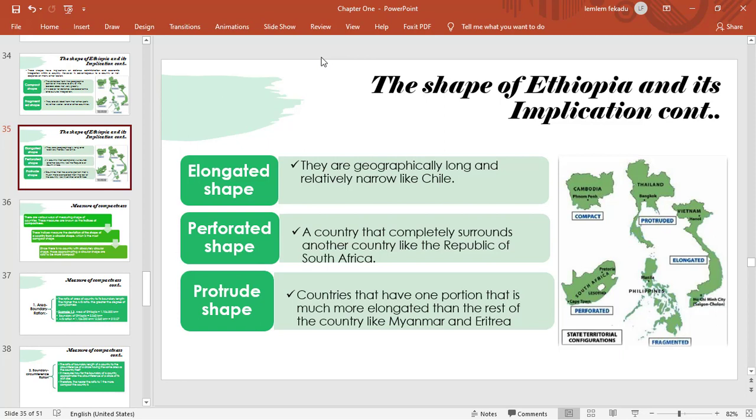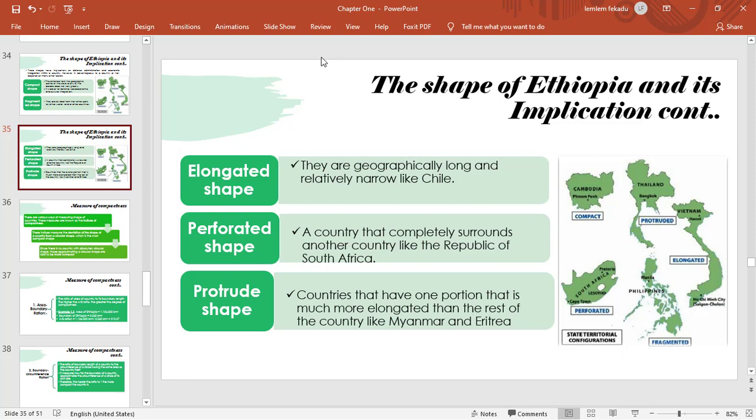The last type of shape of country is protruded shape. Such countries have one portion that is much more elongated than the rest of the country, like Eritrea and the Democratic Republic of Congo. Such shapes of countries have advantages, like they can give access to resources or are easy to split.